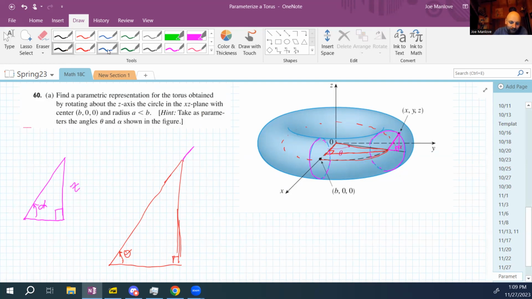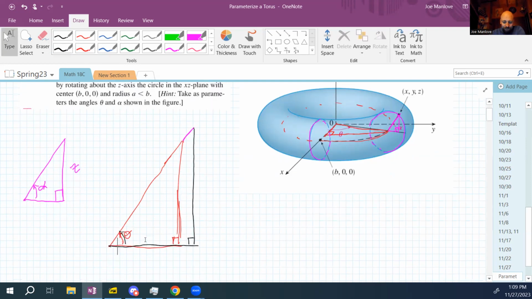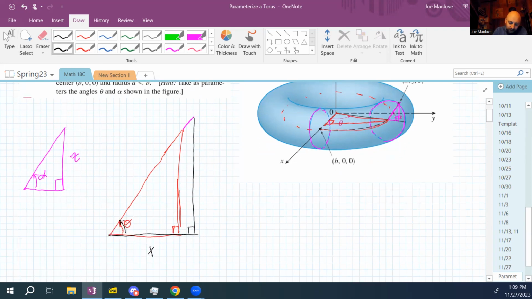Kind of added to the red triangle, there's actually a slightly bigger triangle here. I'm labeling it black. That triangle also has an angle of theta. Similar triangle. And the sides of the black triangle are X and Y. So this one here is the X side. This one here is the Y side.